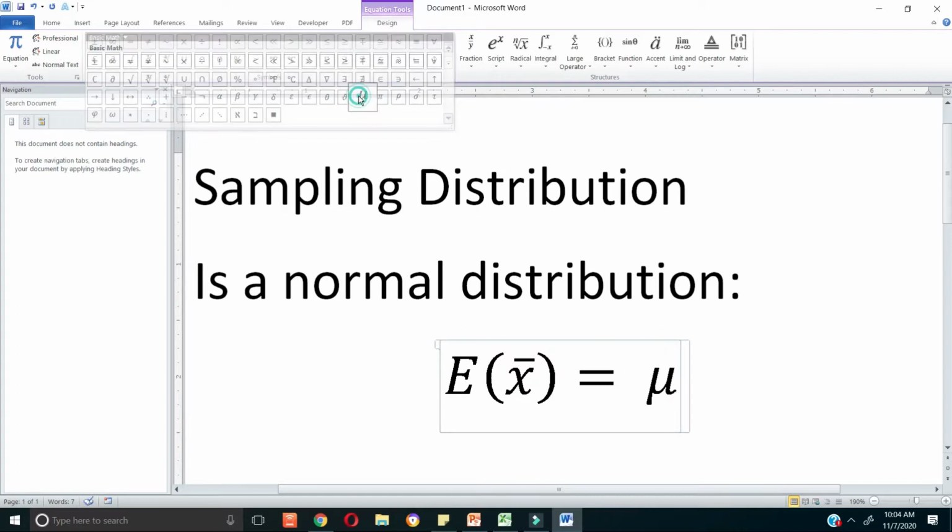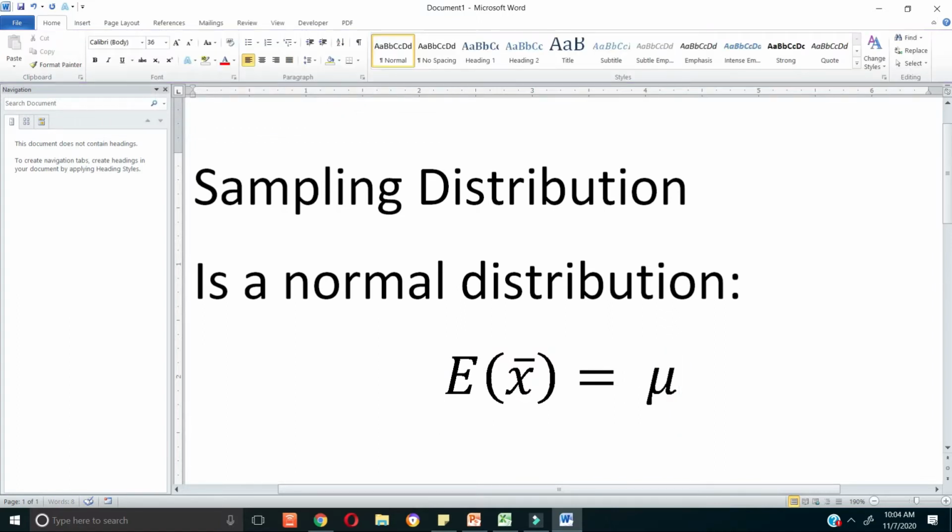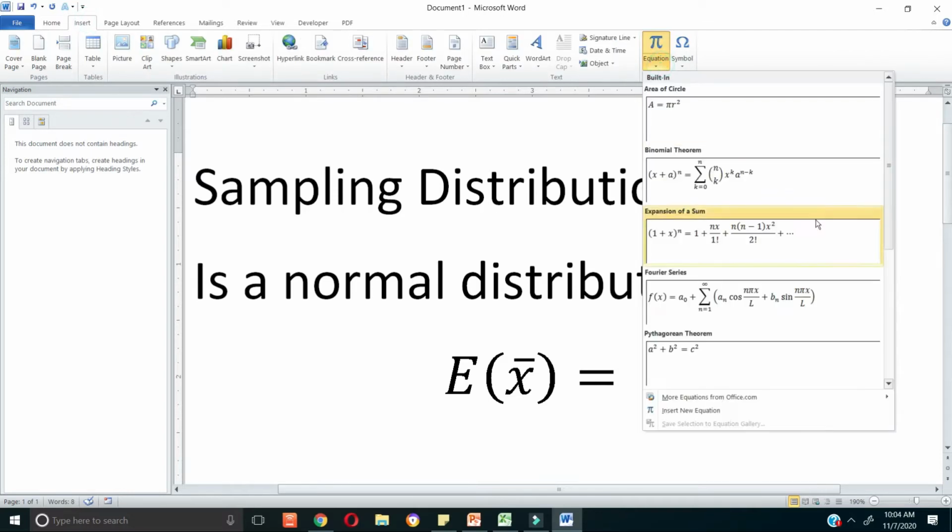So it's going to be equal to mu. Then the standard deviation of the sampling distribution is going to be given by... let me just insert a new equation here.